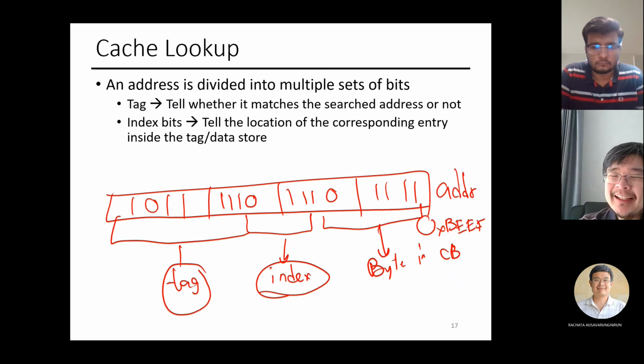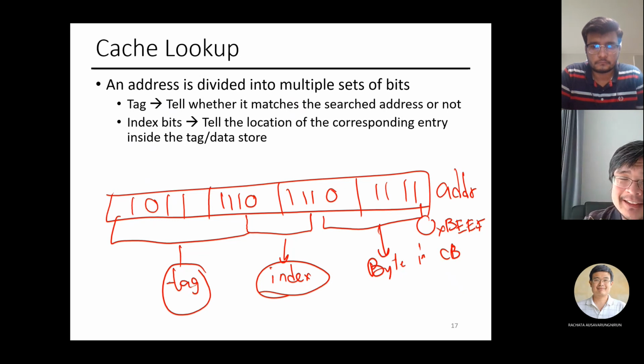You look at this, it seems complicated, a bunch of bits, a bunch of regions. It's simple. Look at the size of the cache block. That will tell you the first set of bits that identify which byte I am going to. Then you look at the number of sets. The index bit will tell me the set ID. The rest go to the tag. Why is that enough for the tag?